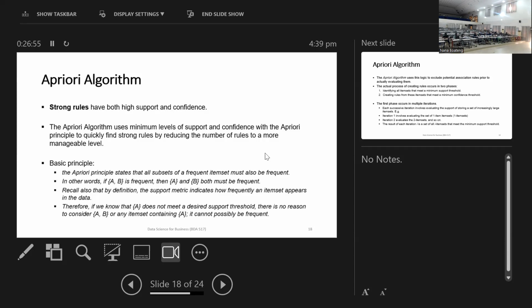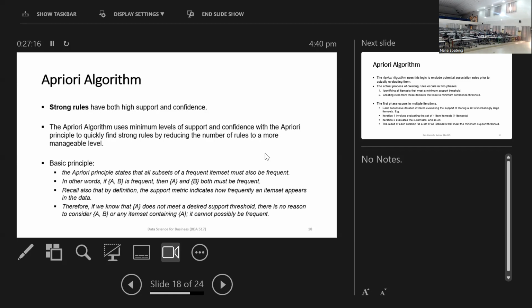Or any item set containing A. So far, one of them has been told. I told you that when it starts, the Apriori algorithm starts with one item set, two item sets, three item sets, four item sets, until it can source four item sets.